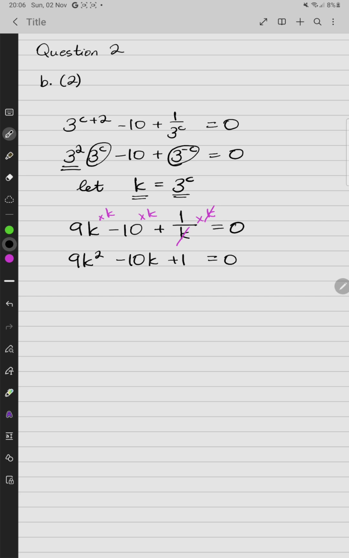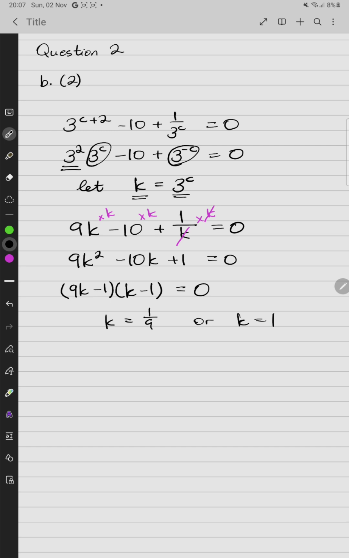And if I look at this, I know what this is. This is definitely a trinomial. If I factorize that, I should get 9k minus 1 times k minus 1 equal to 0. And then I'll get k equal to 1 over 9, or k equal to 1.